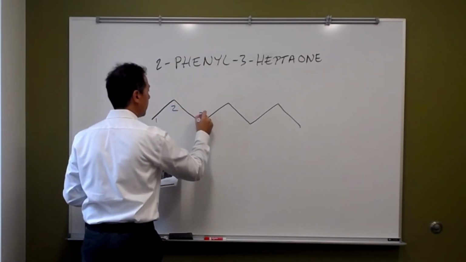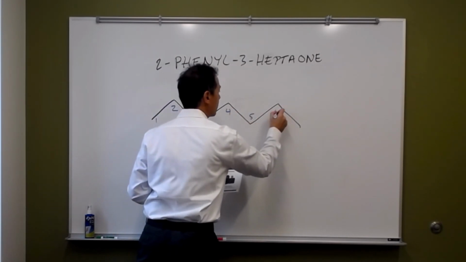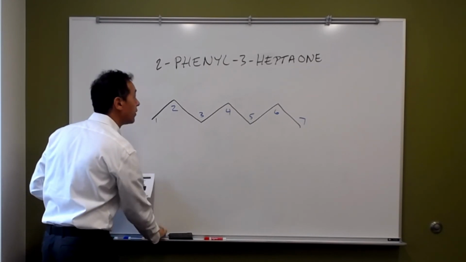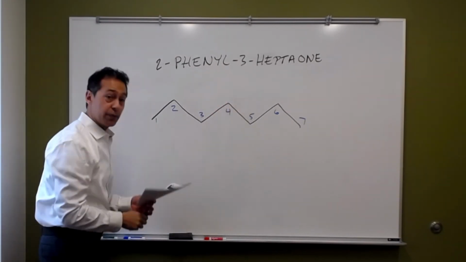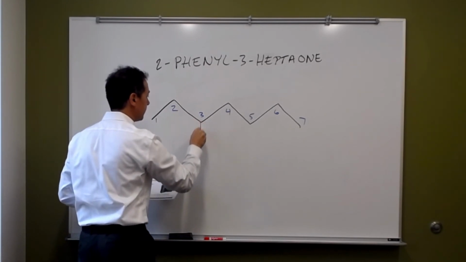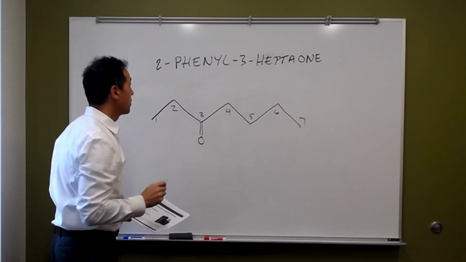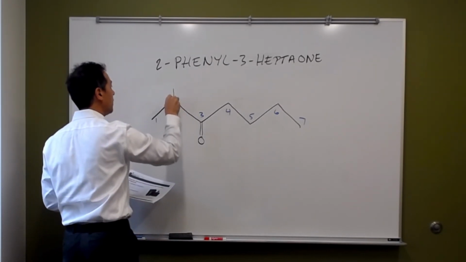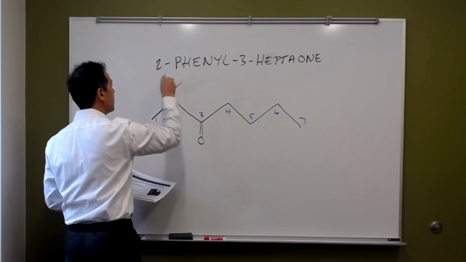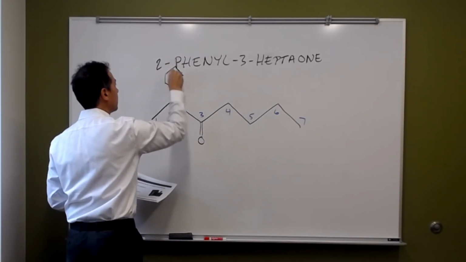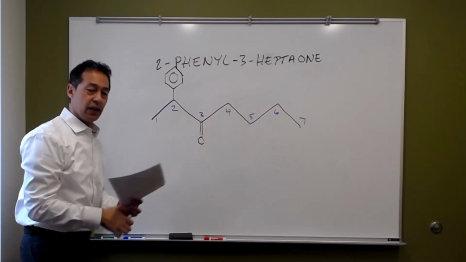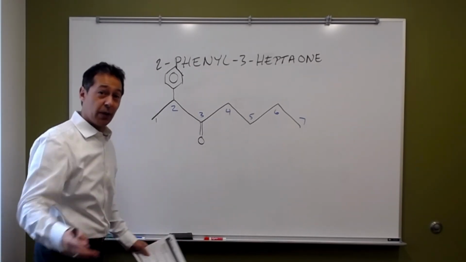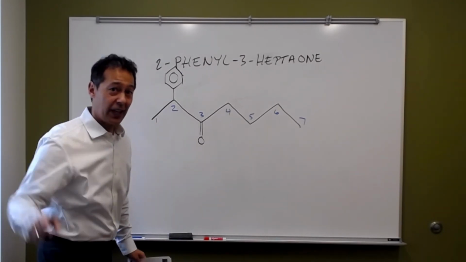And then off of my third carbon is my ketone, and off of my second carbon is a phenyl. So a phenyl is this benzene ring here, like this. 2-phenyl-3-heptanone. There, now you have become familiar with naming aldehydes and ketones.